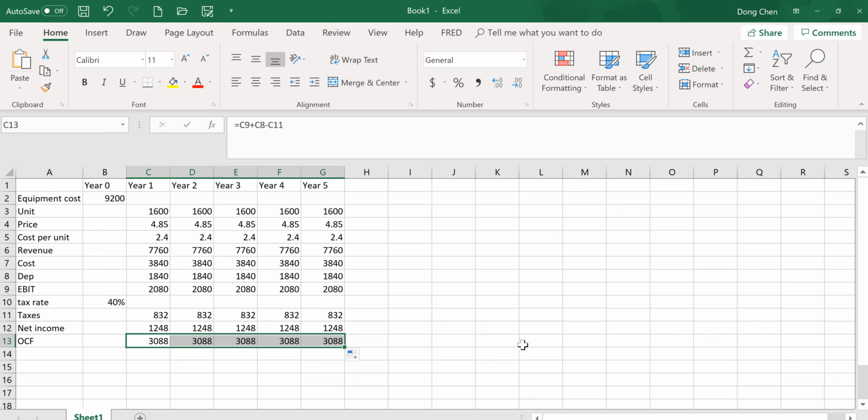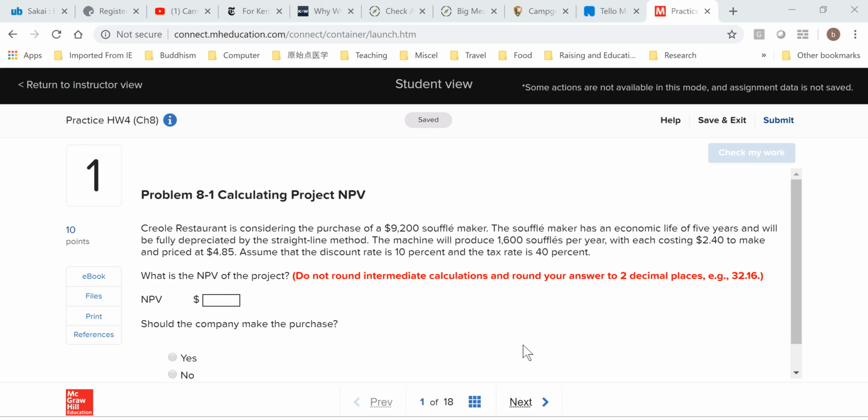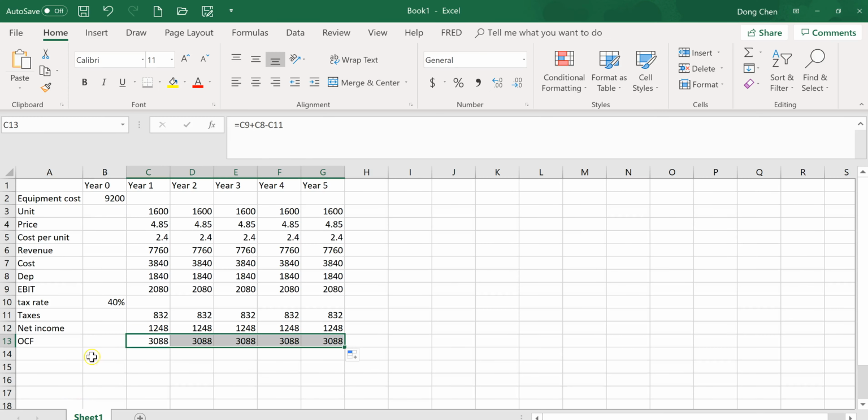And sometimes we need to do some adjustments. For example, if we have the net working capital information, we can do that adjustment. We also need to consider the capital expenditure. In this case, the capital expenditure is only incurred in the current year, year zero.